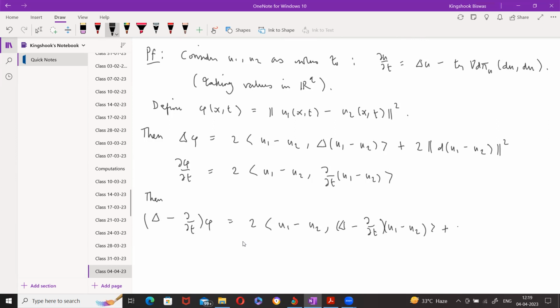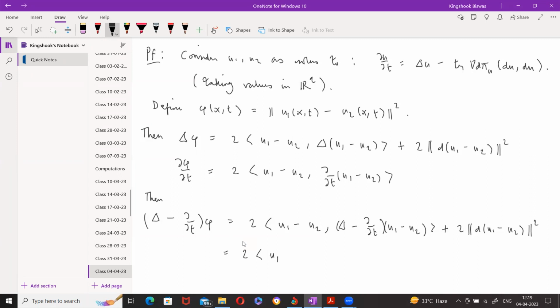Plus this twice norm of d(U1 minus U2) squared. Okay. Yes. So this Laplacian minus del del t of u1 minus u2, if you look at this equation, Laplacian minus del del t of u is trace of nabla d pi of du du.